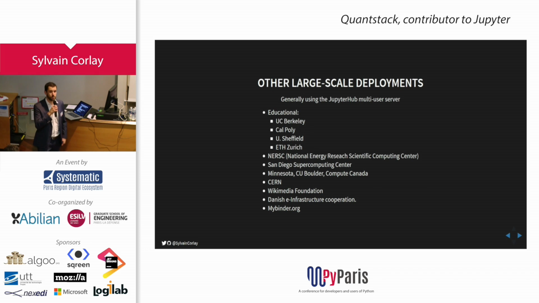So educational at UC Berkeley, Cal Poly San Luis Obispo, University of Sheffield, ETH Zurich, and also the National Energy Research Scientific Computing Center, the San Diego Supercomputer Center, Minnesota, CERN, the Wikimedia Foundation, et cetera. There are some really big deployments of Jupyter and the multi-user server JupyterHub out there, and some of them are actually deployed at internet scale.